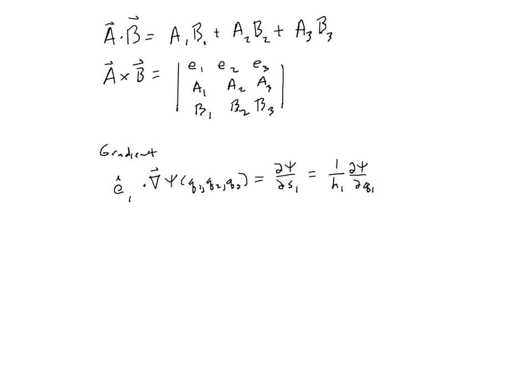And then you could see that because we're already multiplying this by a basis vector, the gradient of psi is equal to e-hat_1 over h1 partial psi with respect to q1, plus the same thing with the y and the z directions.